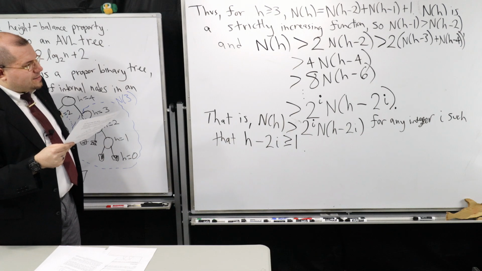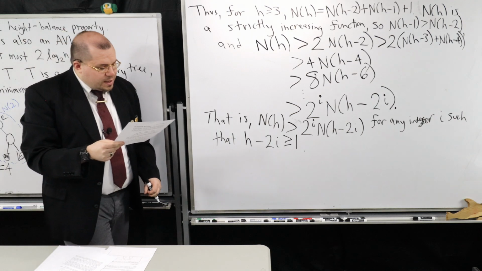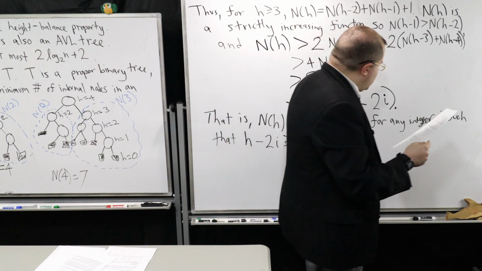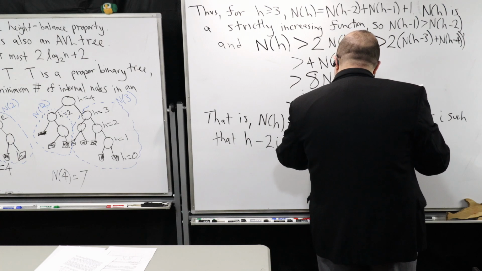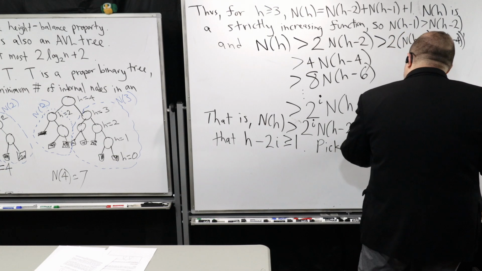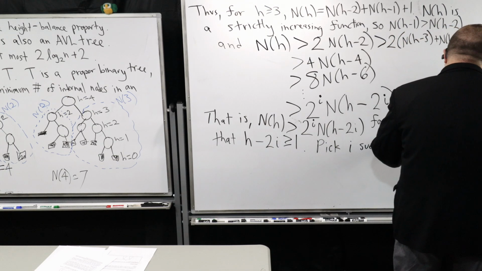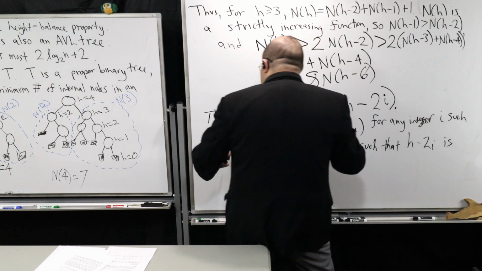So we might say, okay, so what's going on with all of this stuff? What I'm going to do is try picking i in a specific way. Pick i such that h minus 2i is either 1 or 2.